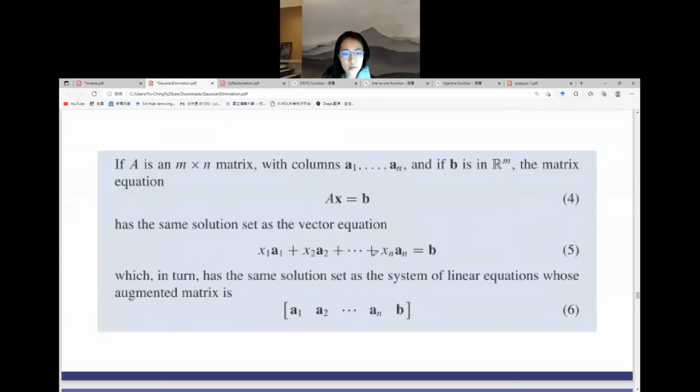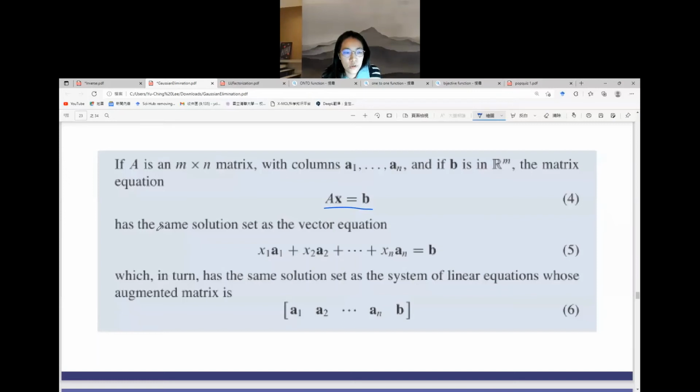Here's something we have seen before, but we can formally review what was stated. So we'll consider a linear system Ax = b.